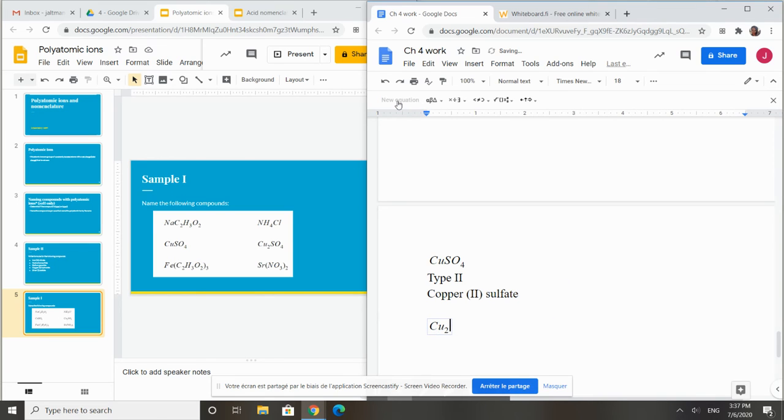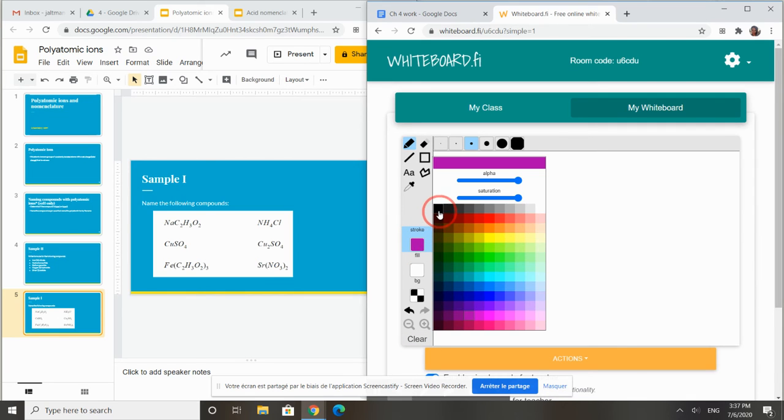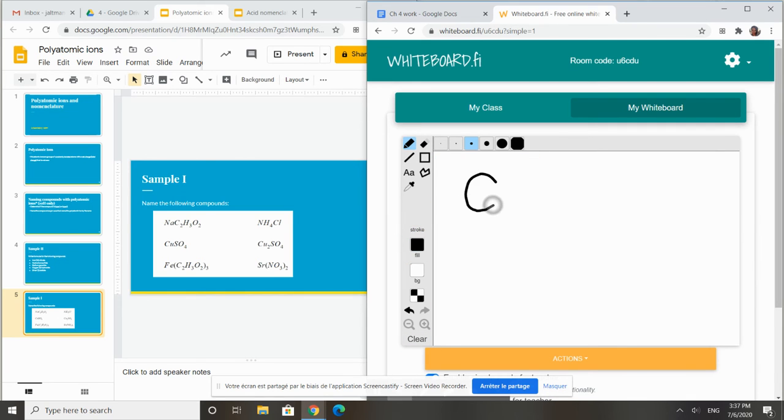We have something similar now, Cu2SO4. This is also type 2 because copper is a transition metal, but I have to figure out what the charge is. I do the same process that I just did.